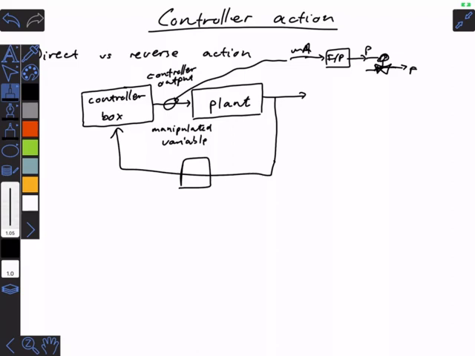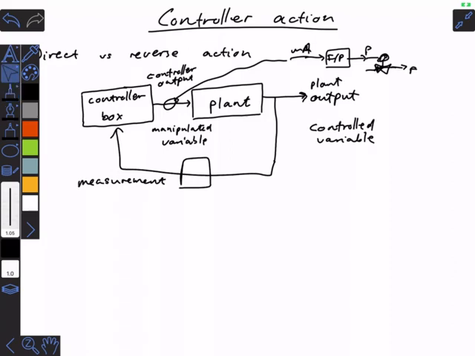And so the distinction that we will draw there: this is the output of the plant, or maybe the controlled variable, right? And we may say that this is the measurement, but we are attempting a measurement of this variable, right?